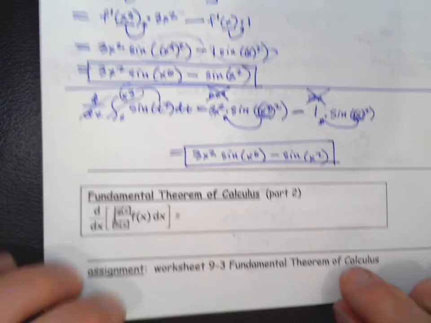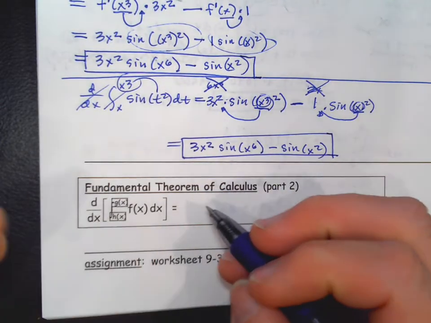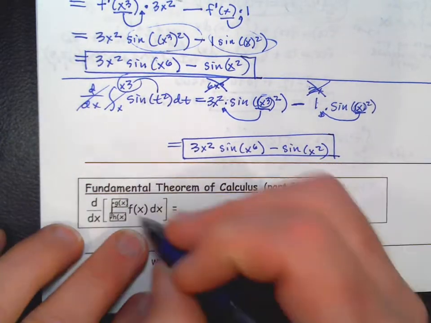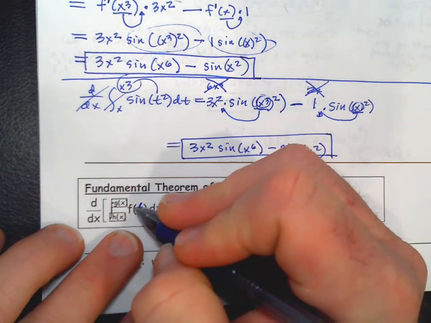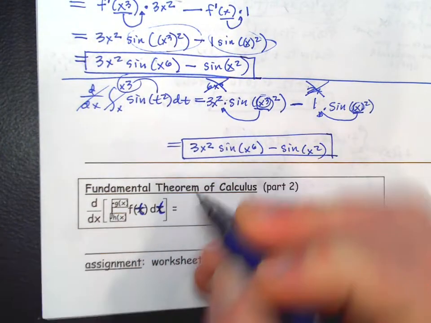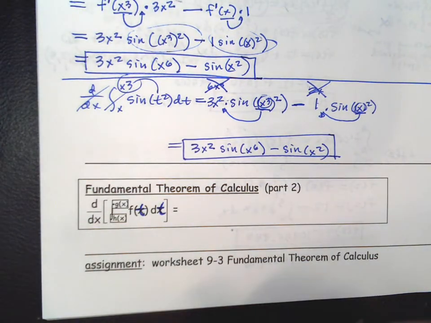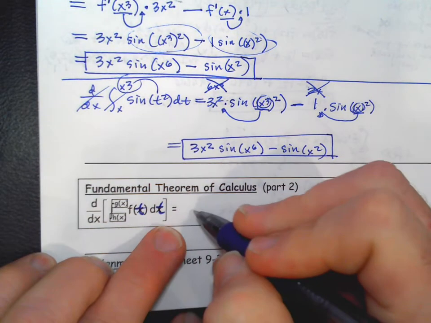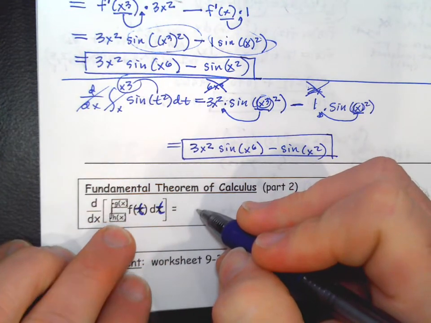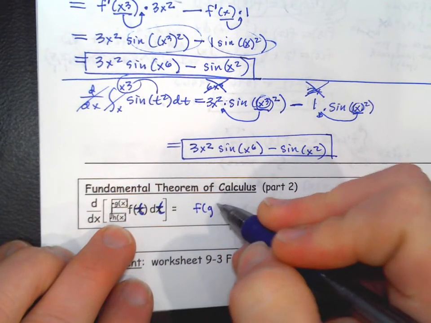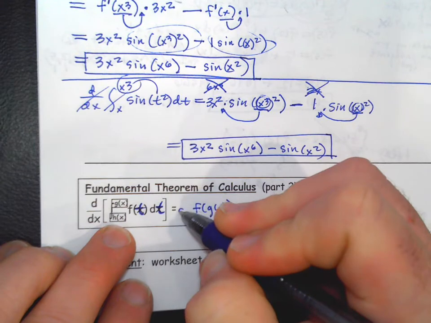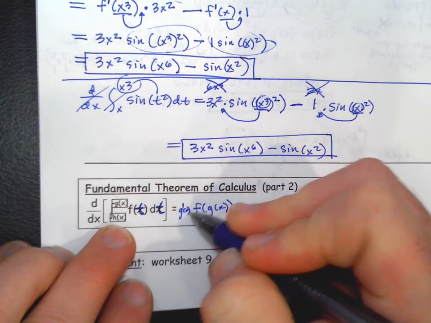So just to kind of summarize it, this isn't something to memorize. It's more of like steps to take. And usually put t's in here because it's a little weird if you have x's on the inside too. So we get the original function and you plug the limit in, but then you got to multiply by the derivative of the limit.